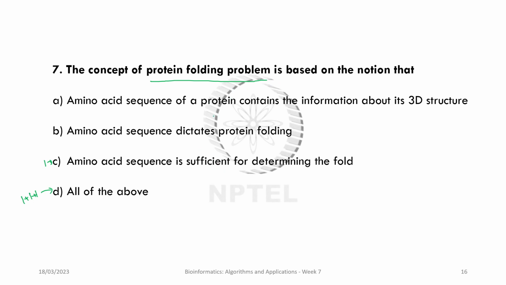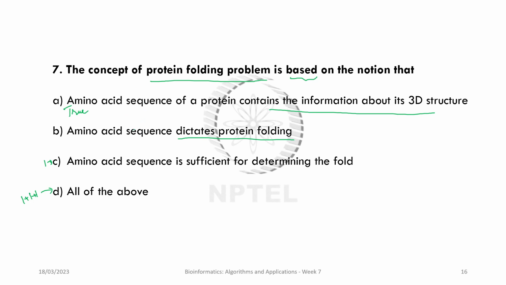So, if you see the options here, the amino acid sequence of a protein contains information about its 3D structure, which was the basis of the protein folding problem. So, is that true? Yes. Amino acid sequence dictates protein folding. Yes.